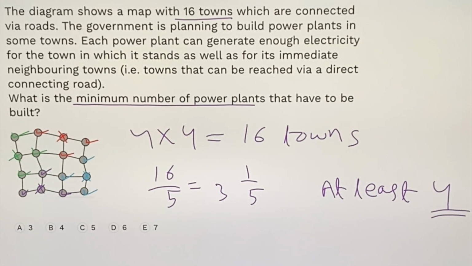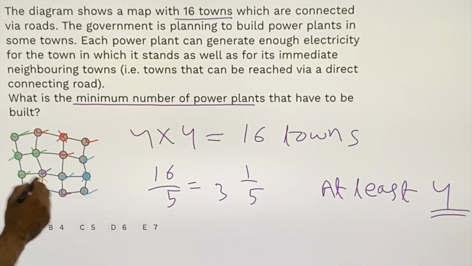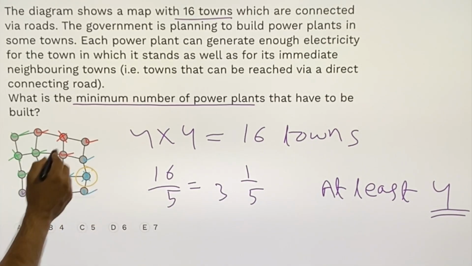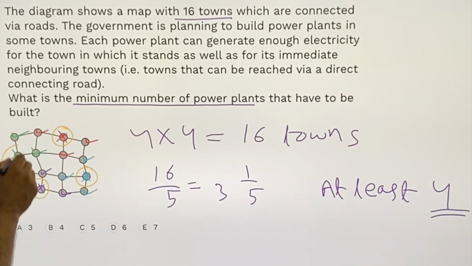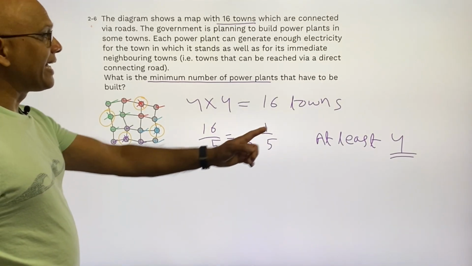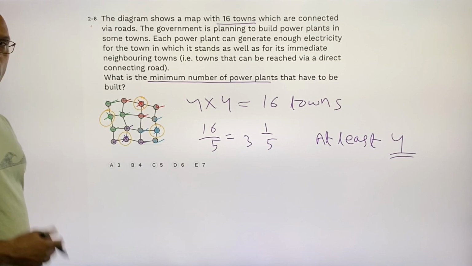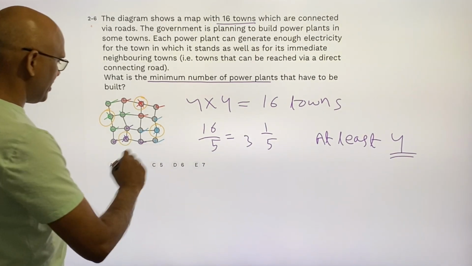So all the villages are covered. And how many power plants do I need? I have 1, 2, 3, and 4. So yes, I can manage with 4 power plants. Then B is the correct choice.